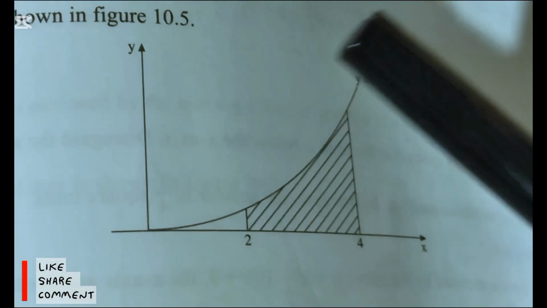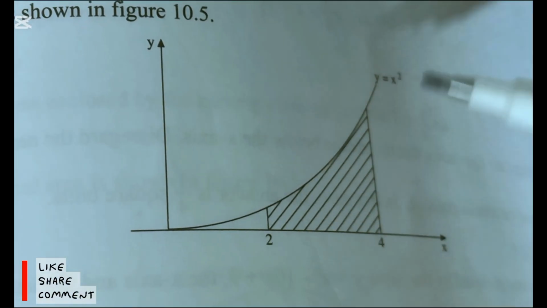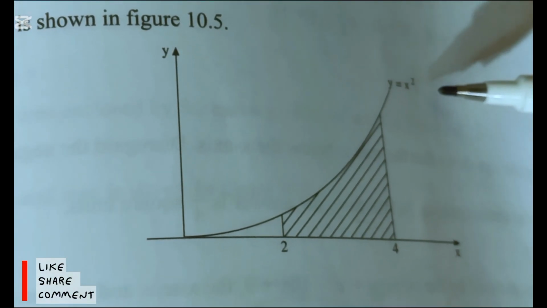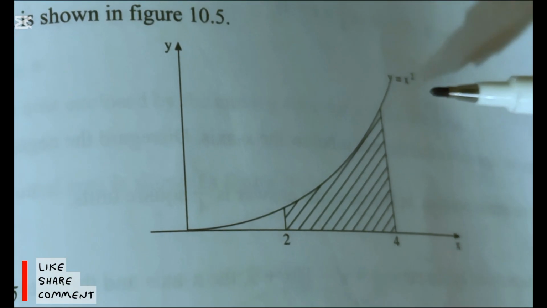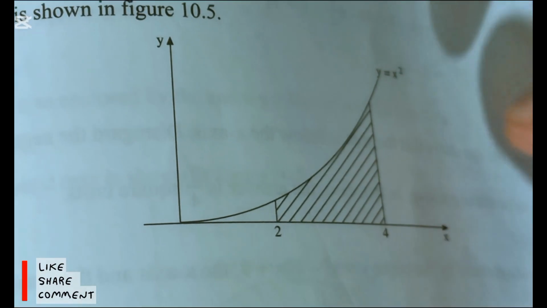So we have the Cartesian plane. This is the y-axis and this is the x-axis. Then we have a curve here, labeled y equals x squared, which is the curve we were talking about in the question.